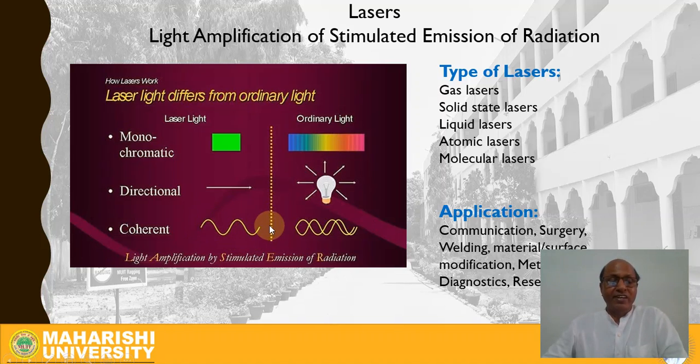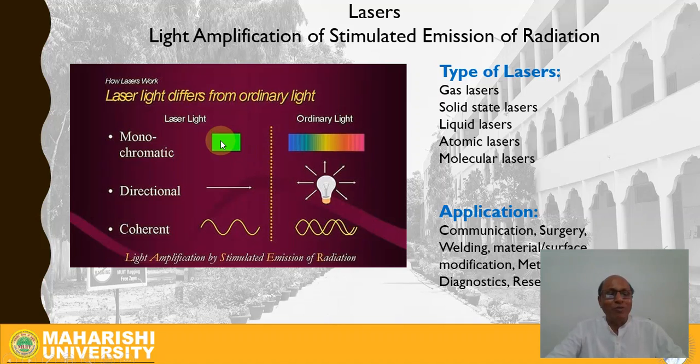You can understand the difference between the two, and this picture shows how ordinary light differs from laser light. See, laser light is monochromatic, whereas ordinary light is not monochromatic. That means you have a polychromatic, multichromatic light source, right? A lot of wavelengths are there.